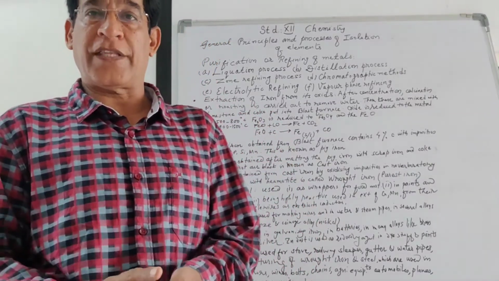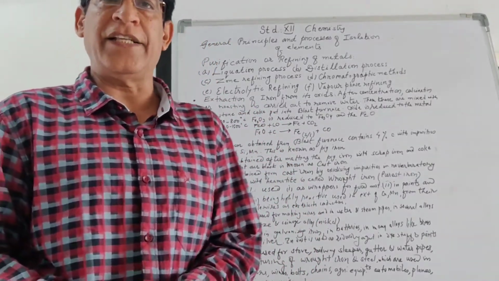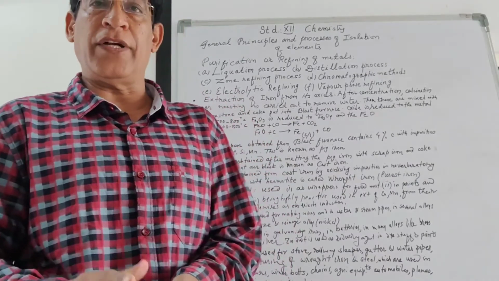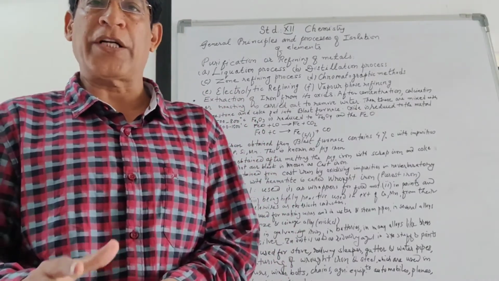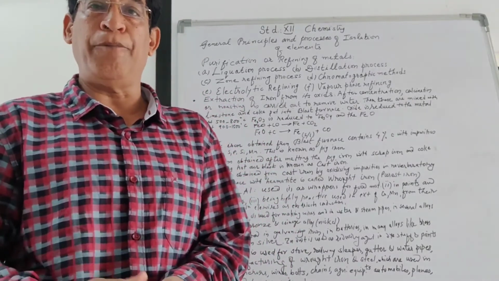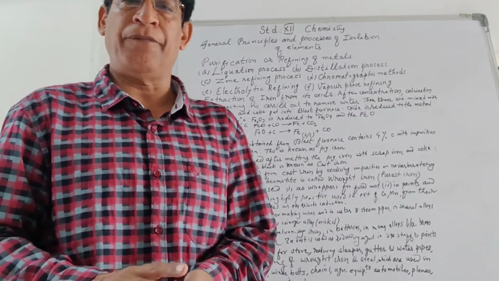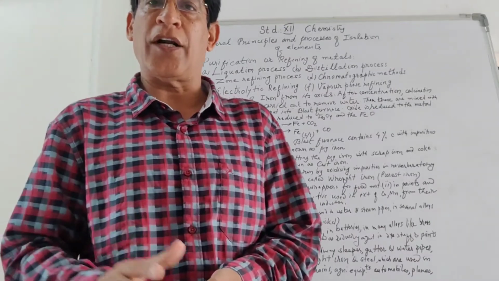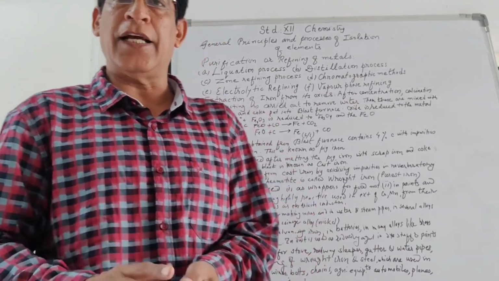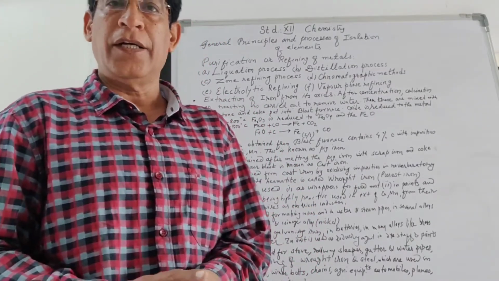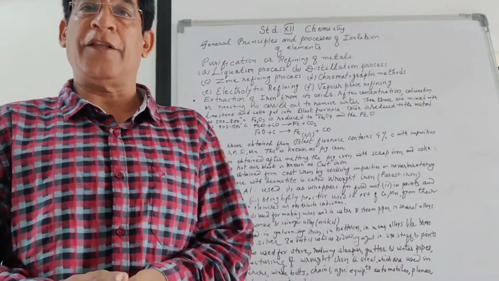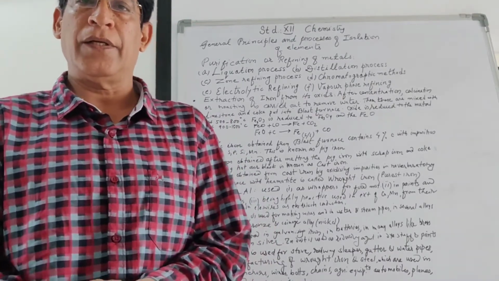In Hoope's cell, which contains three liquid layers, the bottom layer is molten impure aluminum. The middle is the fused salt layer containing aluminum fluoride, and the top layer is pure aluminum.